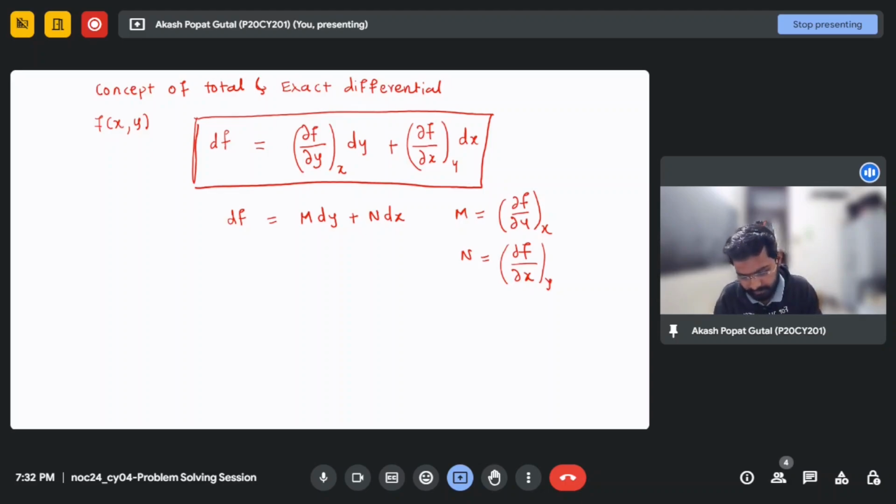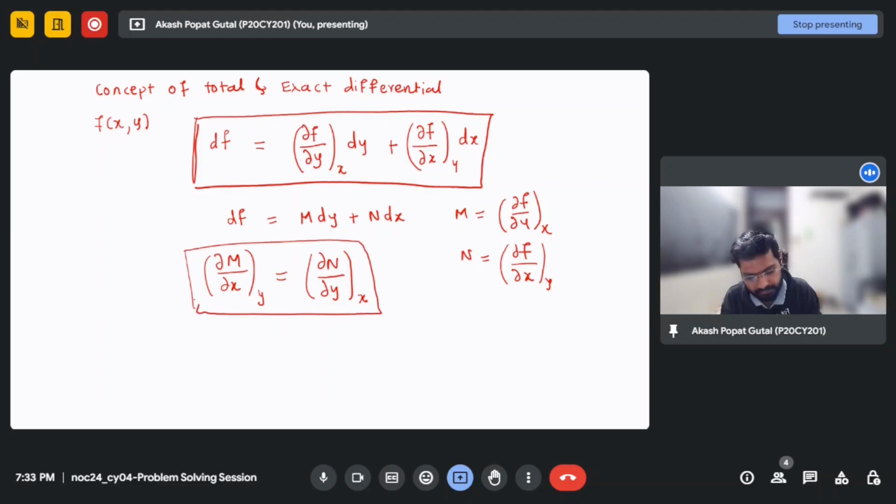The definition for exact differential is that change in M with respect to x at constant y should equal change in N with respect to y at constant x. So this is the condition for exact differential.